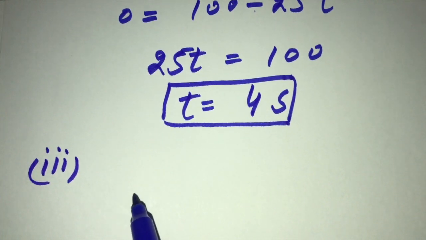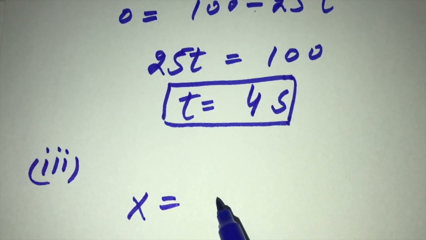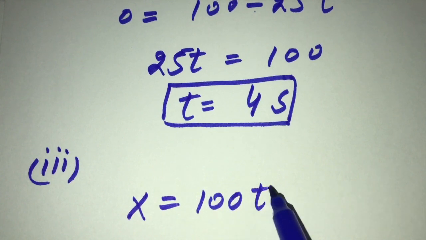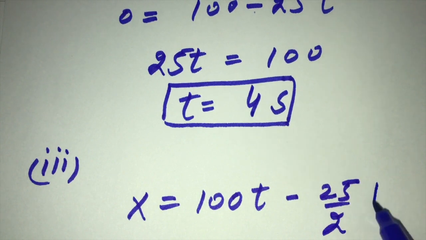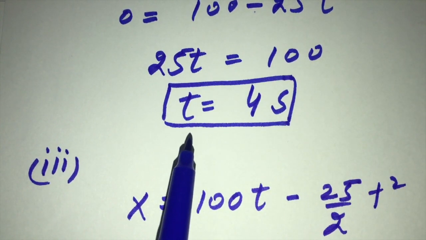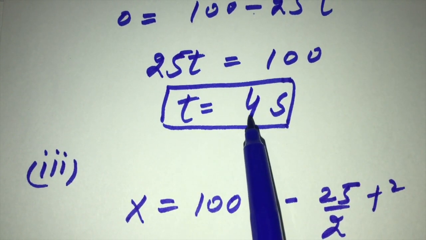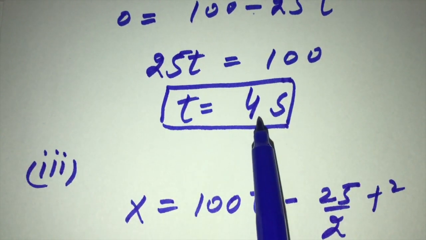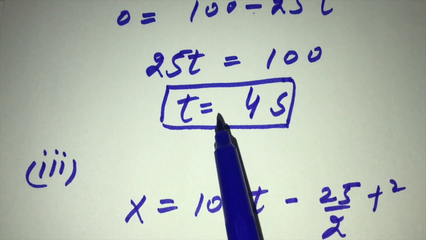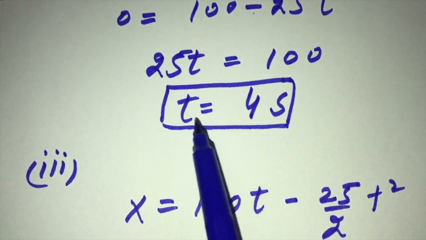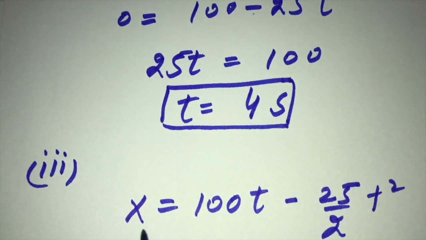We are given this relation, x is equal to 100t minus 25 by 2 t square. As we found the time for the maximum height reached by the missile in part 2, we put t is equal to 4 in this relation and find x.